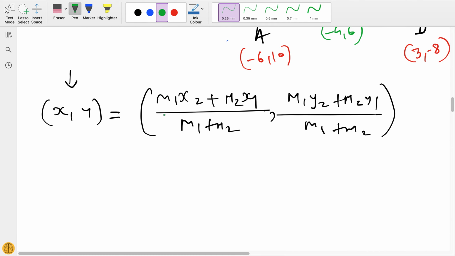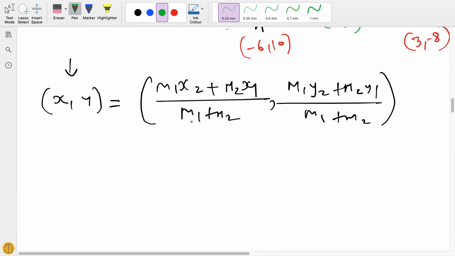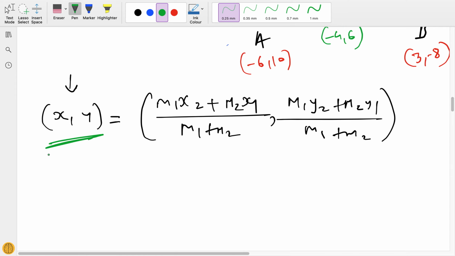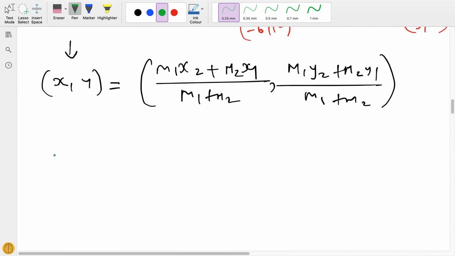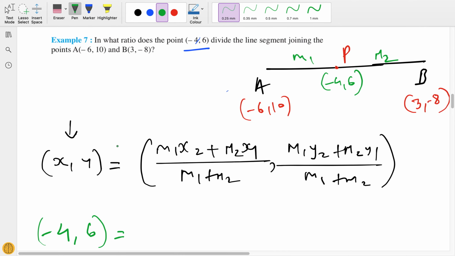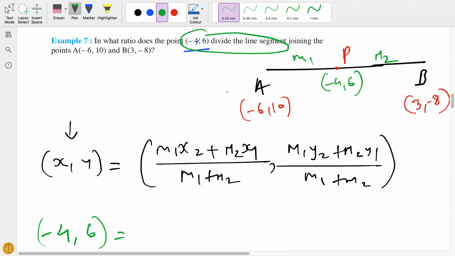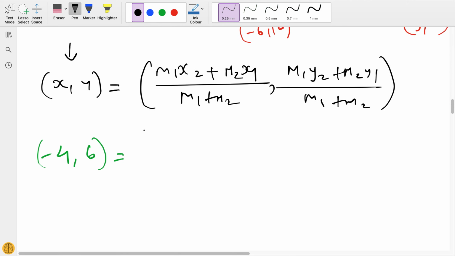You should write the formula every time until you remember it. We don't know m1 and m2, but this time we know these coordinates. This coordinate is minus 4 comma 6, the point which divides the line segment.